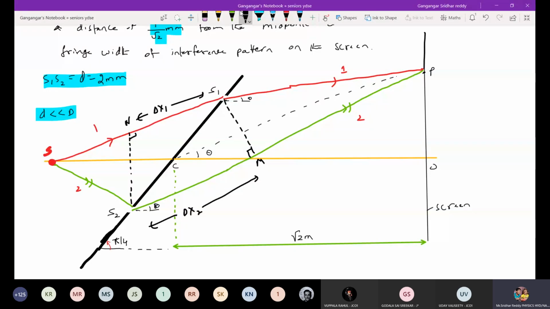What can this angle be? Pi by 4 minus theta. Just the geometry is what will trouble you; the rest of everything you can manage. This angle will be equal to pi by 4 minus theta.